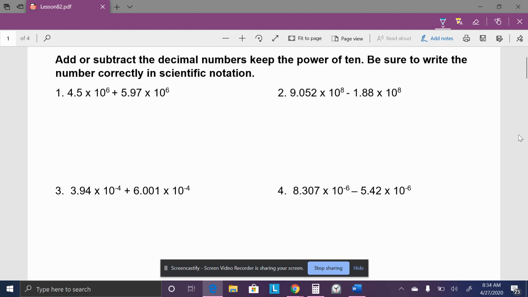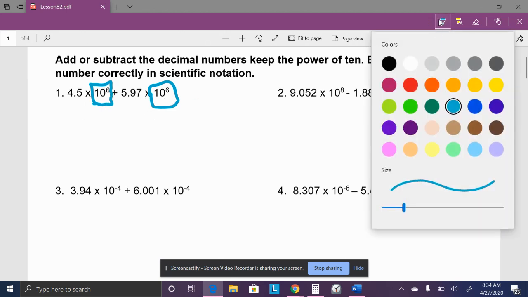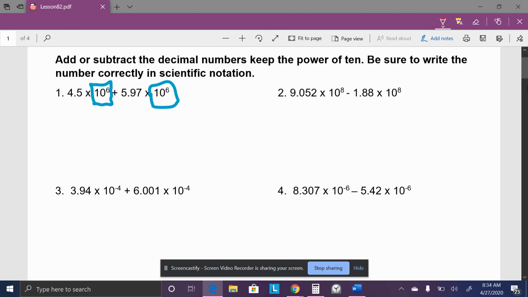So in the first problem, we have 4.5 times 10 to the 6, plus 5.97 times 10 to the 6. Something you always have to be aware of is looking at the powers of 10. We have 10 to the 6 here and 10 to the 6 here. Those are the same. As long as those are the same, we can then add the numbers out in front, 4.5 and 5.97.